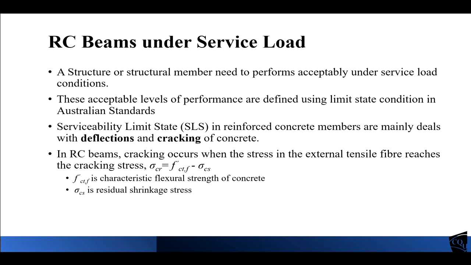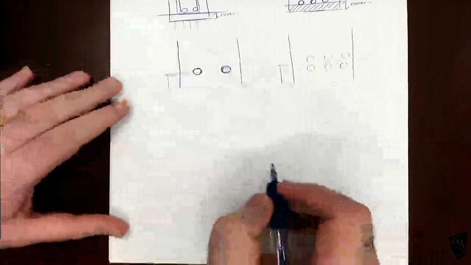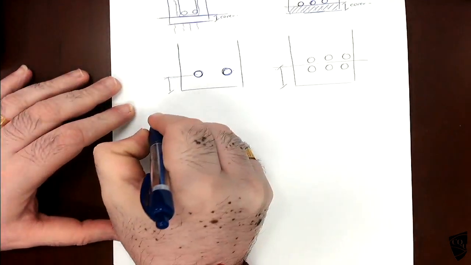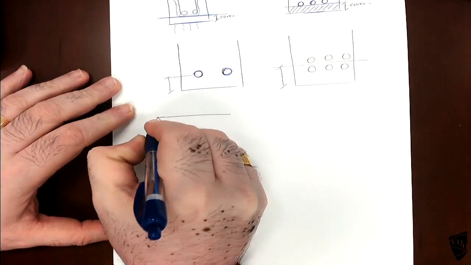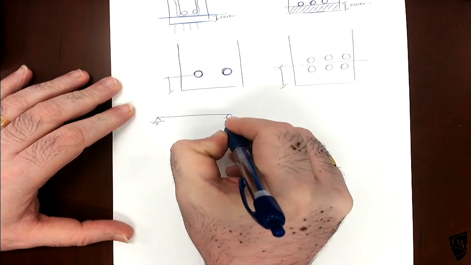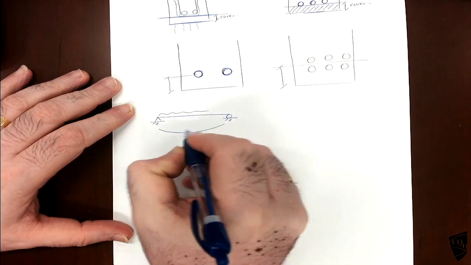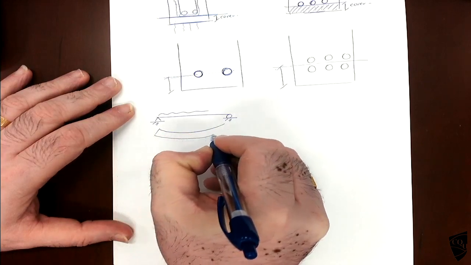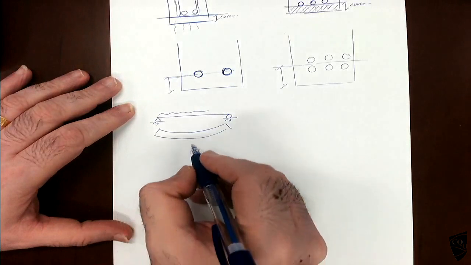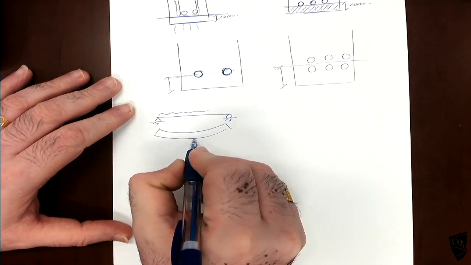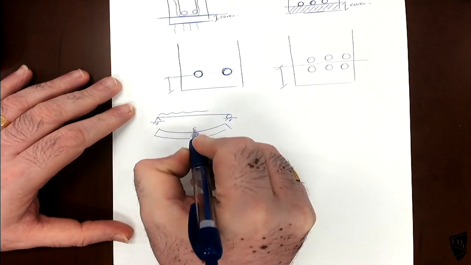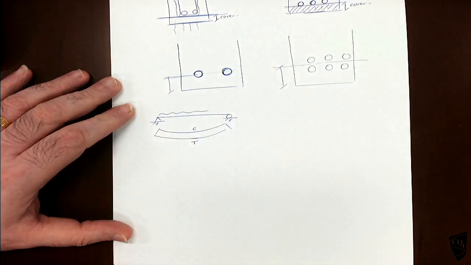So when you have a beam, let's assume a simple beam, and if you have loads, it will bend like this. The bottom part is under tension, the top part is under compression.